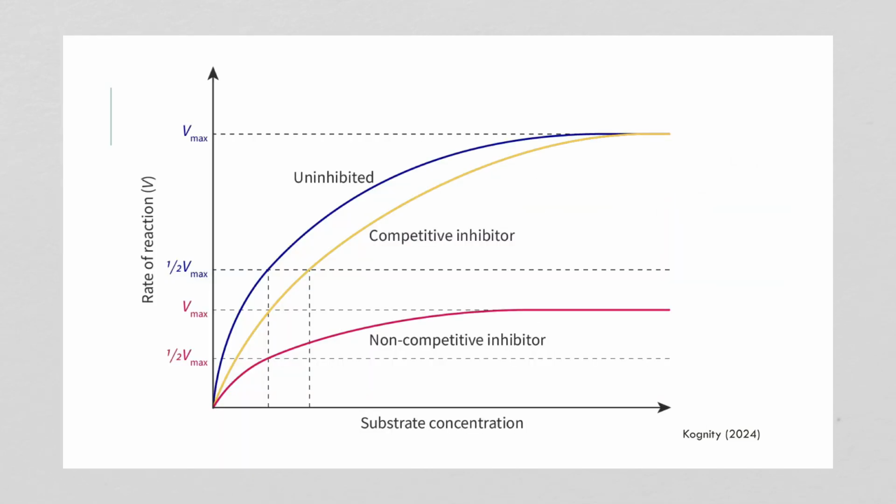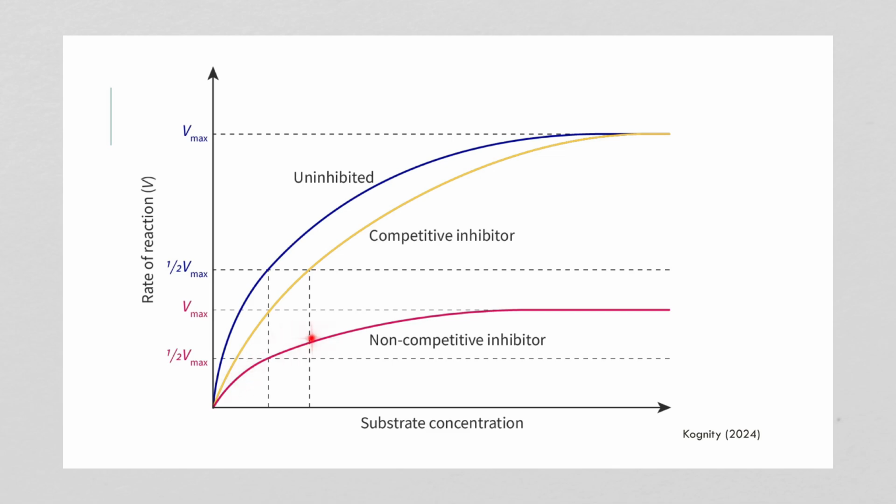This is a very common graph that's shown on IB assessments. It shows the uninhibited enzyme, the blue one here, which is when there's no inhibitor involved. With the competitive inhibitor, as you increase the substrate, the rate of reaction increases, and eventually it will match up with the uninhibited.